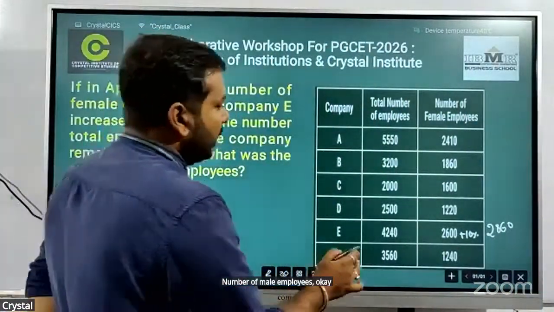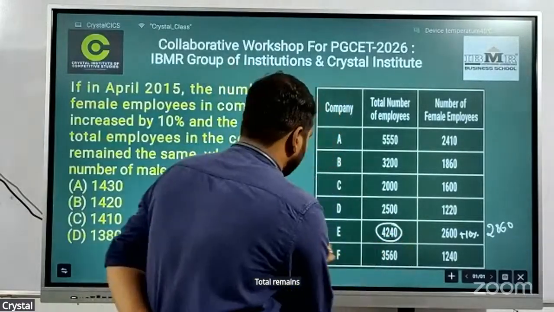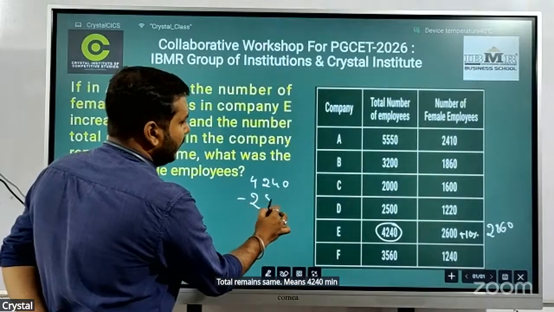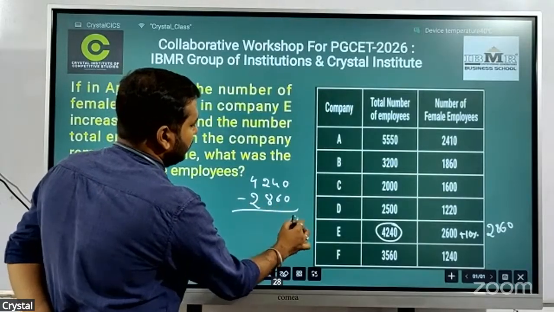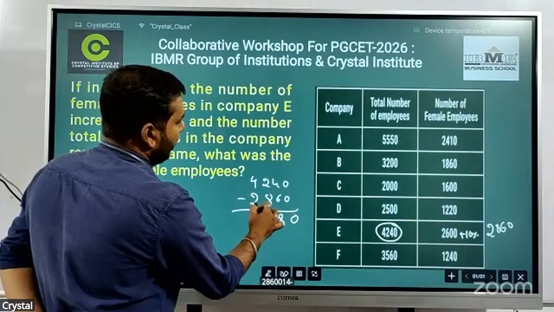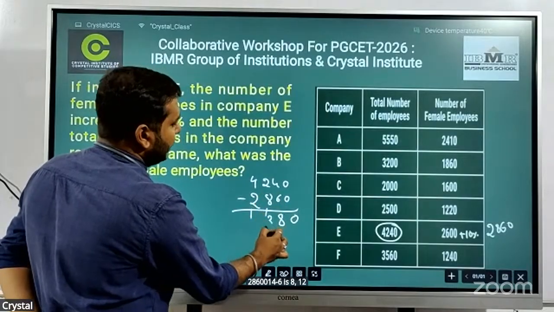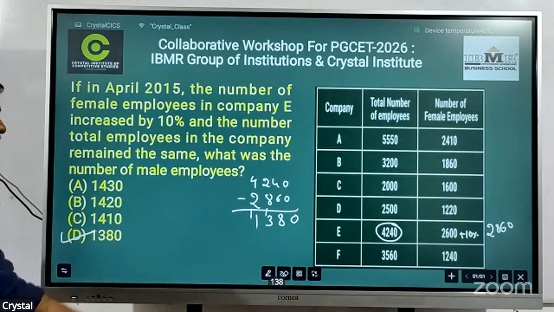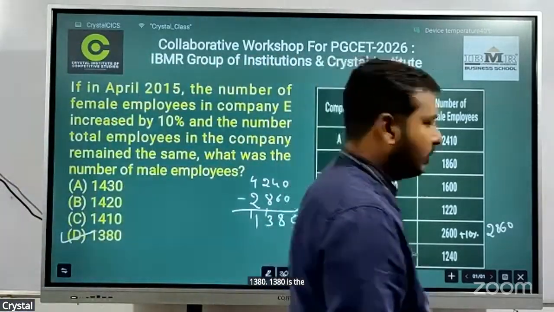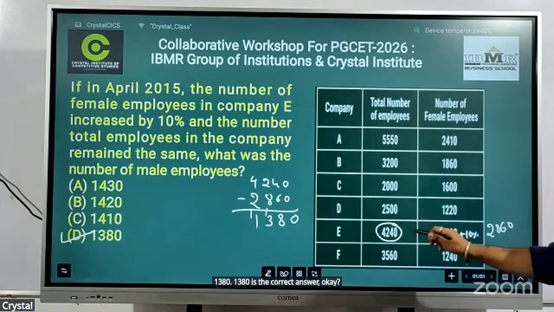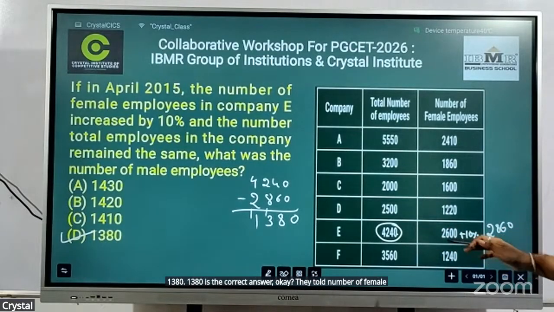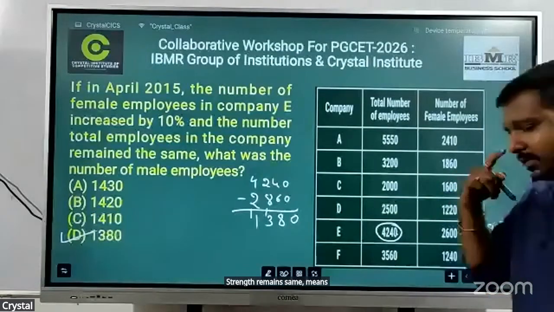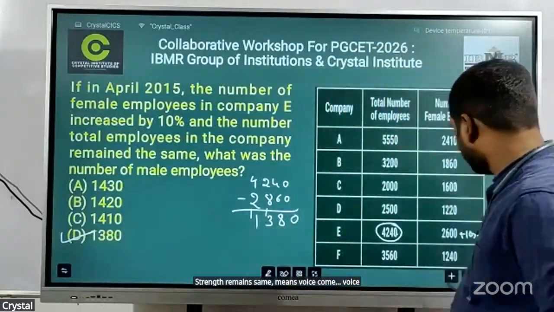Total remains the same, means 4240 minus 2860. 14 minus 6 is 8. 12 minus 9 is 3. 1380 is the correct answer. They told the number of females increased, but total strength remains the same, means boys decrease.